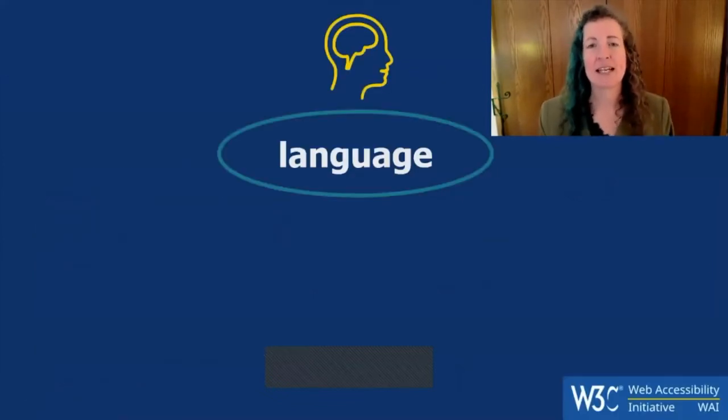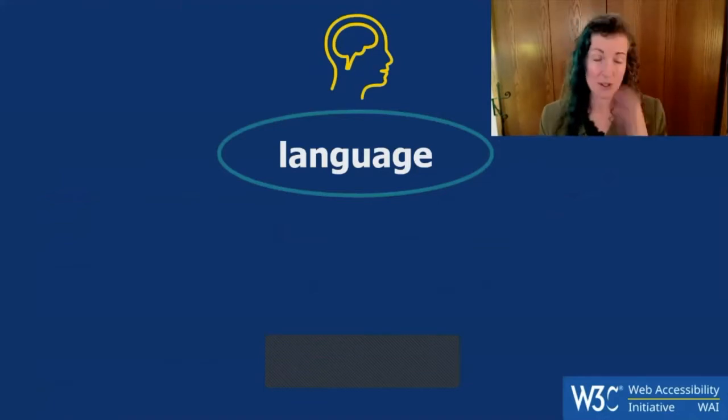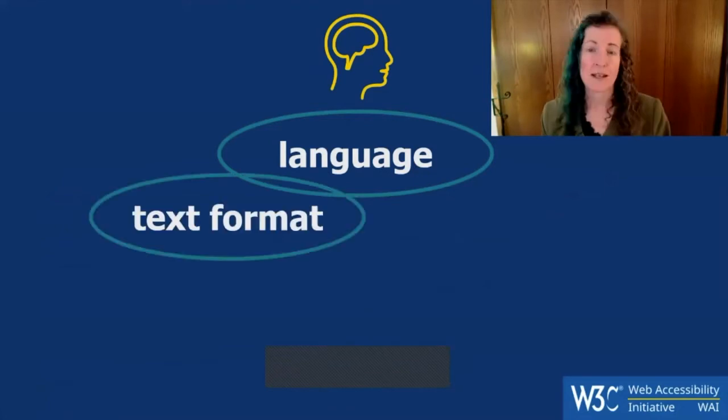We've been talking today a lot about language, and I want to look at some of the broader issues related to accessibility by people with cognitive disabilities. In addition to language, there's things like text format. So whether the text, how big it is, what is the font face, what is the spacing, that impacts readability.